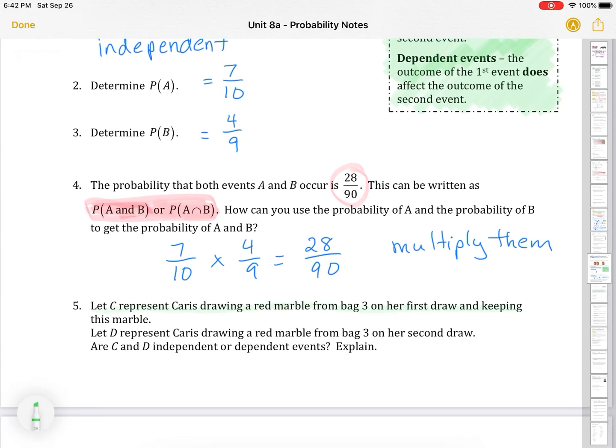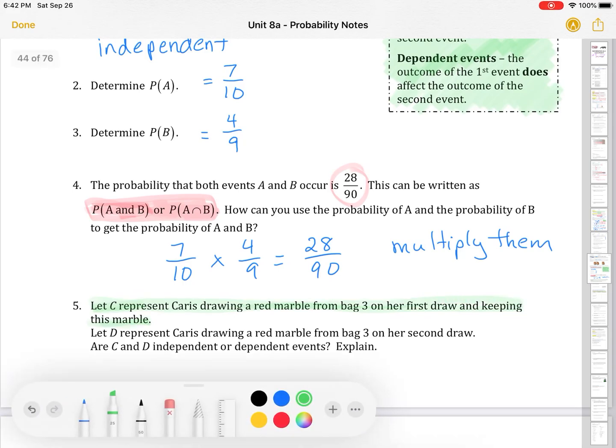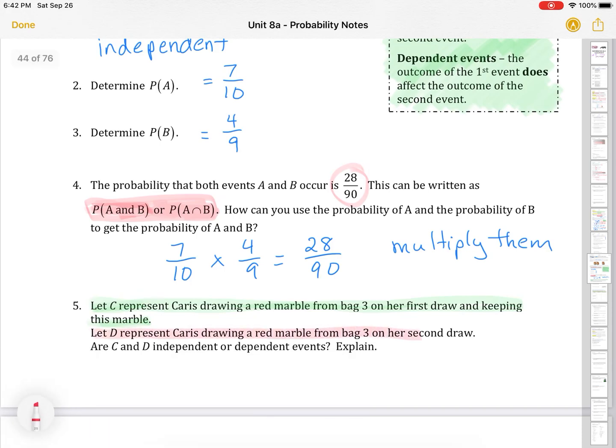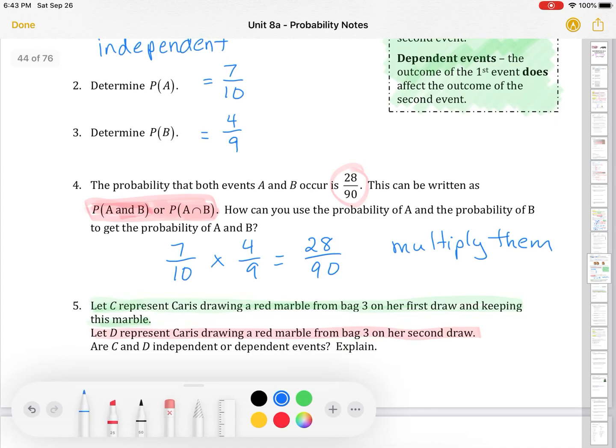Now, looking at Karis' situation, let C be Karis drawing a red marble from bag 3 on her first draw and keeping that marble out. D, she draws a red marble from bag 3 on her second draw.